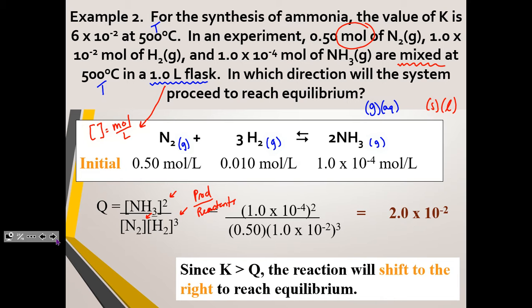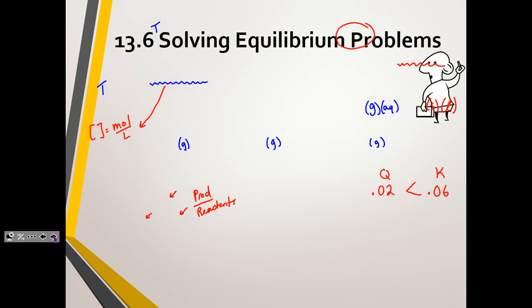So if I compare 0.02 to the equilibrium constant, 0.06, this is Q and this is K, you'll notice that K is greater than Q. In that case, the equilibrium is going to shift to the right, which means we are going to form more products. This is going to help us formulate our R.I.C.E tables eventually when we get there.